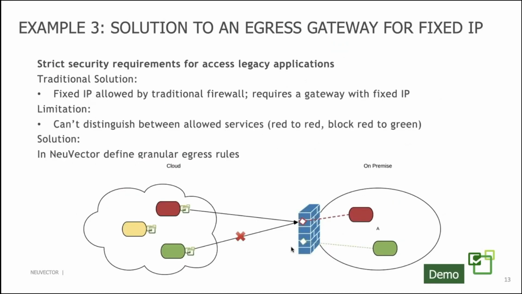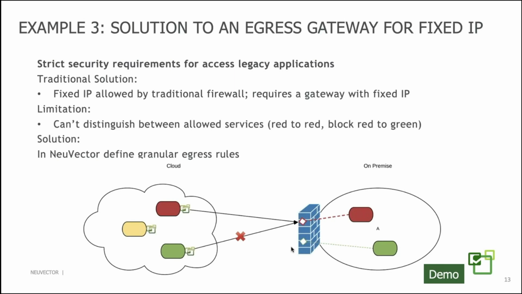A third one is a solution to the more traditional egress firewall or gateway that I talked about initially, which is if you've got fixed IP addresses that a traditional firewall is looking for, but you still want to enforce strict security requirements for access to legacy applications. How can you do that? Because the IP addresses of the containers in the cloud on the left are always changing.